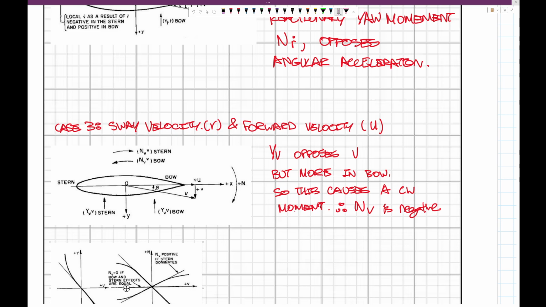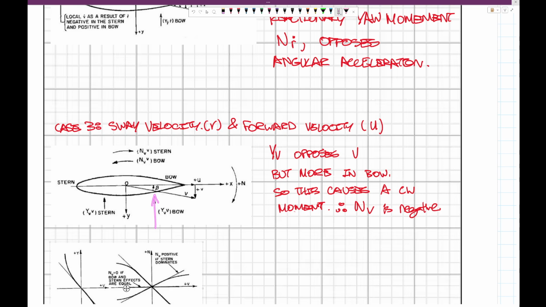But what actually occurs is your bow sway force is going to be greater than your stern sway force. And what ends up happening is you're going to have a moment because of that, and usually the bow is going to have a larger contribution.